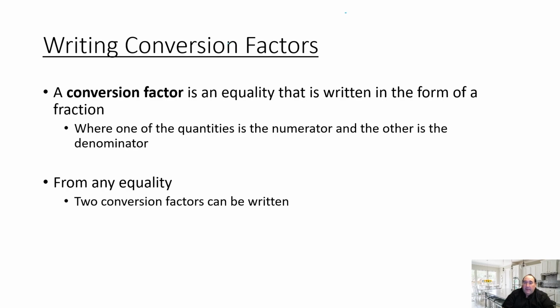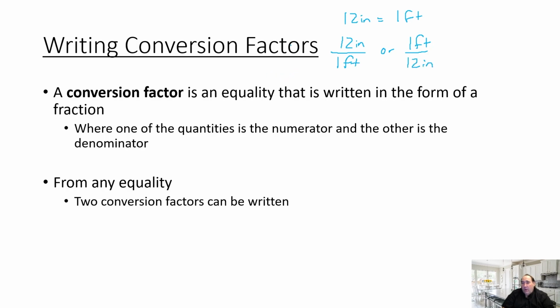So for example, if we have 12 inches is equal to 1 foot, we could write two conversion factors for that. We could say that there are 12 inches over 1 foot, or 1 foot on top is 12 inches.